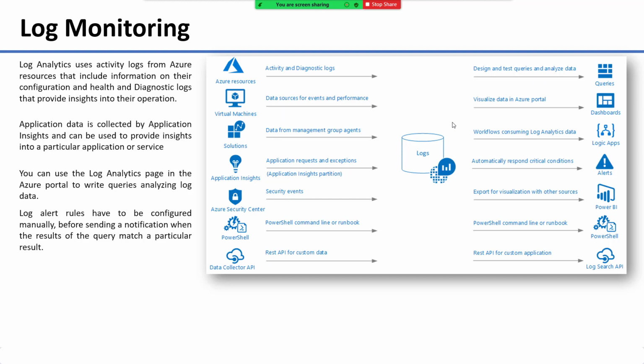Application Insights also has log data. Azure Security Center also provides data to you. And whenever you are executing some sort of PowerShell or runbook, it generates data. You can also use REST APIs to push your logs into the logs database.